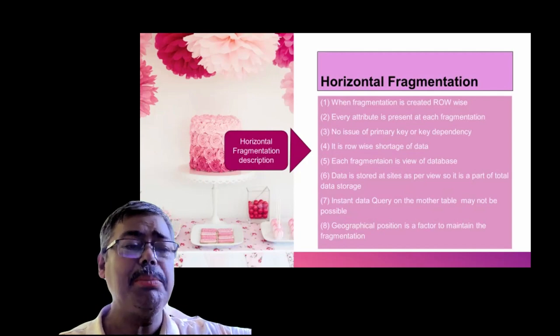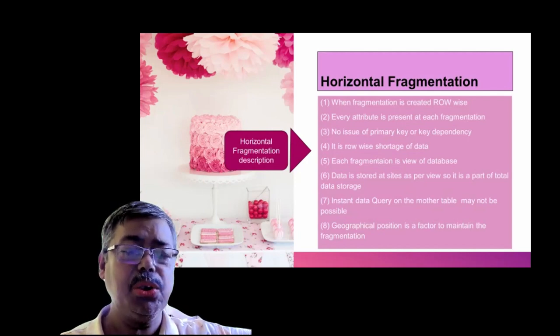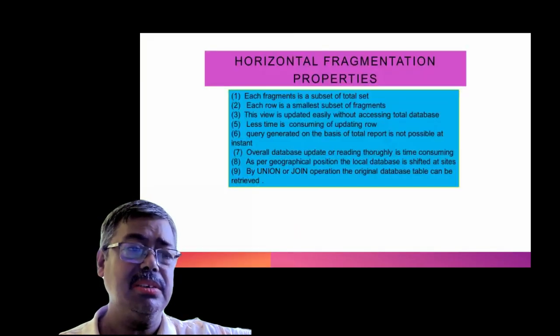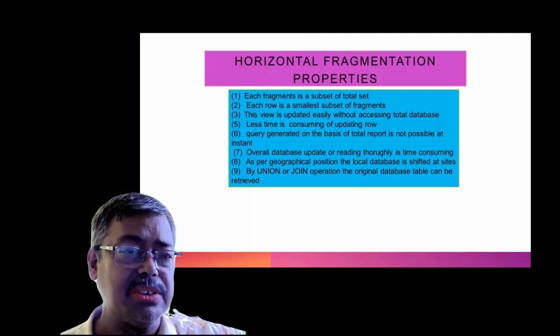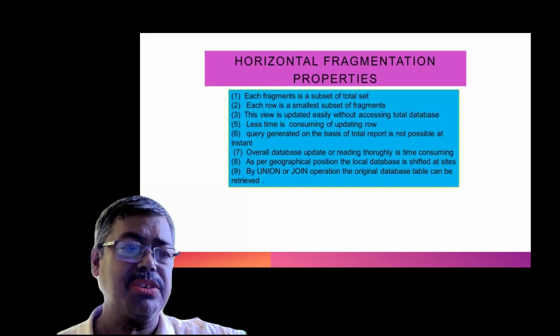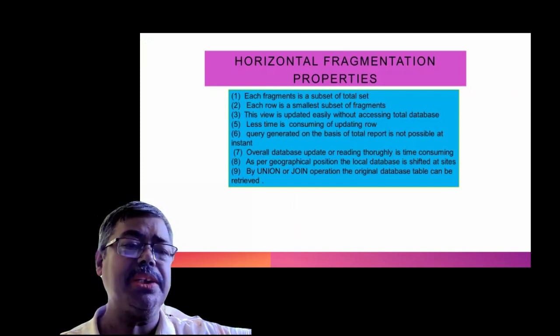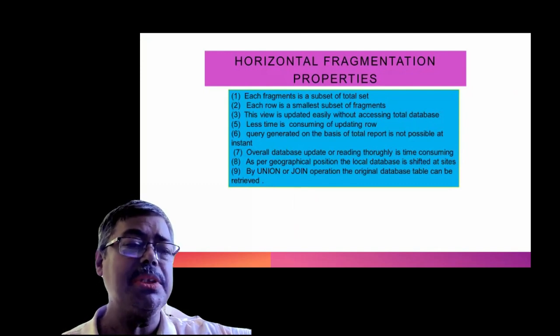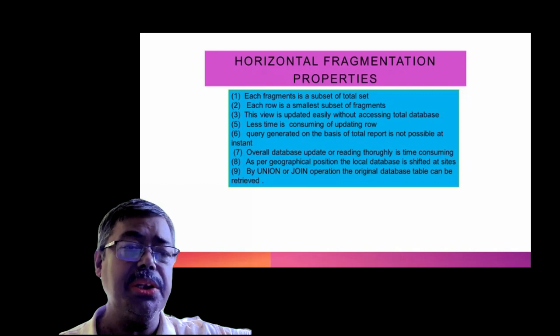So geographical position is a factor in maintaining the fragmentation. In horizontal fragmentation, each fragment is a subset of the total set, and each row is the smallest subset of fragments. This view is updated easily without accessing the total database. Less time is consumed in updating a row.